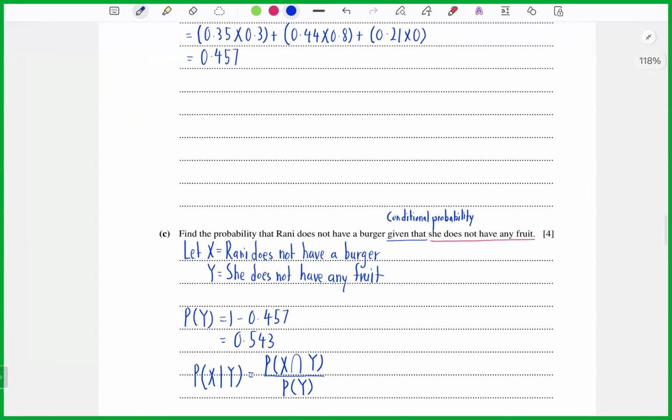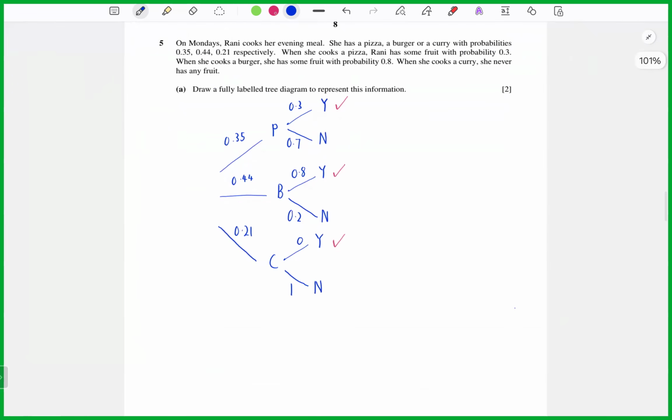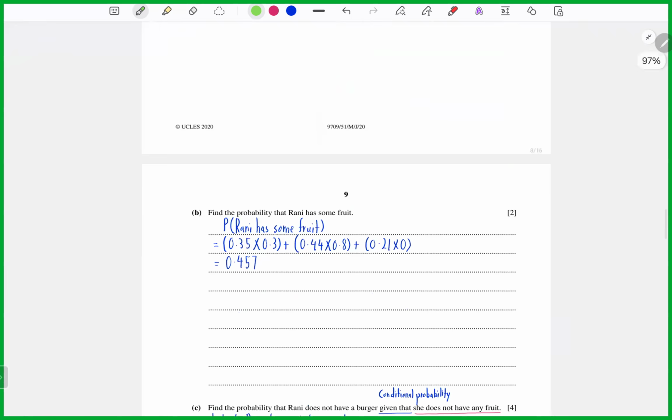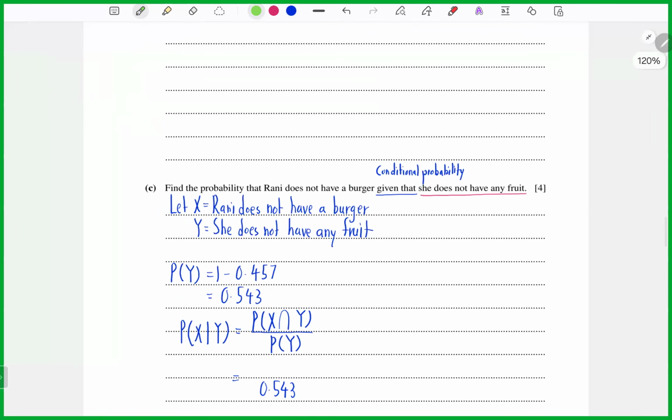So you need to focus on this part. And then you can see back: no burgers, and no fruits. So you can write here.